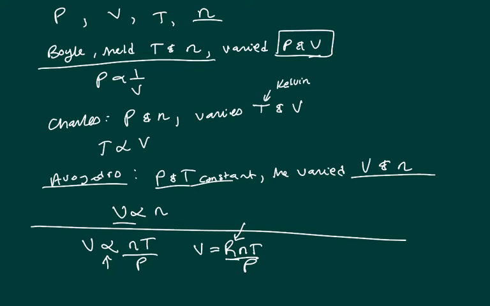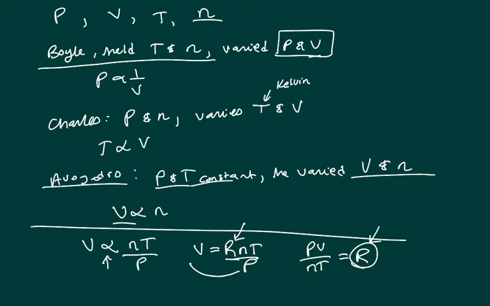In other words, if we bring P here, PV over nT will always give you R. So if you take pressure times volume and divide it by n times T, you will always get this constant R. Alright?